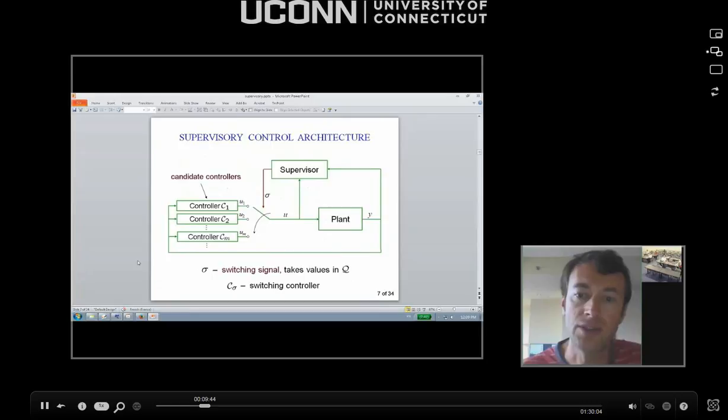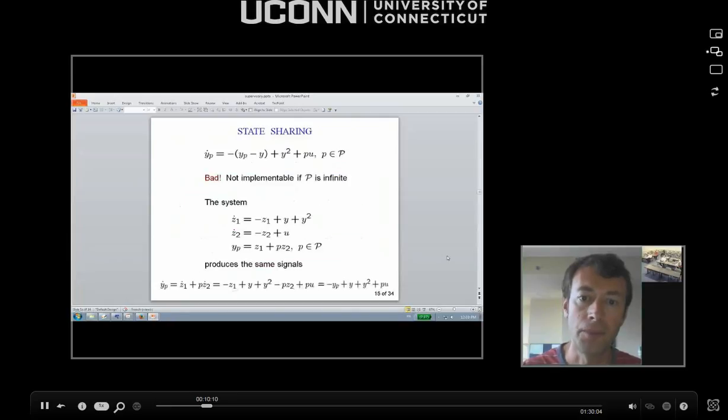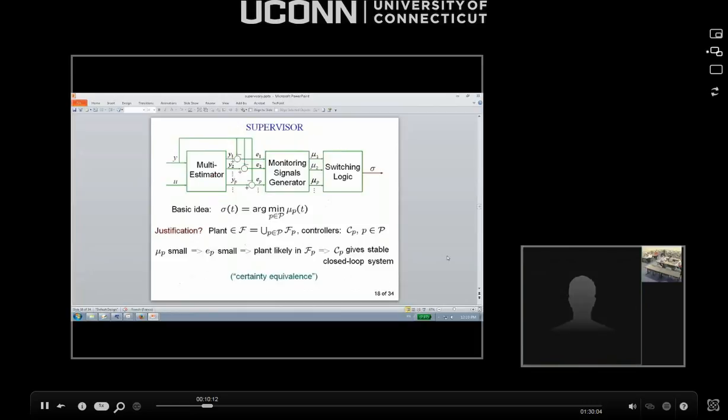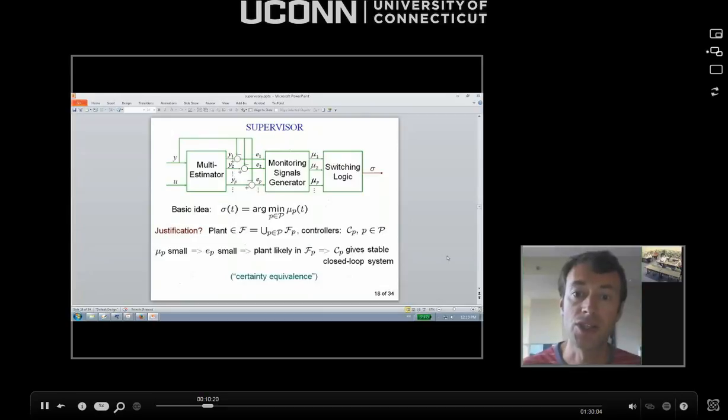The setting was that the plant had large-scale modeling uncertainty, and this is why we have a family of controllers, each tuned to some sub-range of parameters, and then the online estimation type algorithm decides which controller to switch in the loop. We discussed how the supervisor consists of 3 blocks shown here: the multi-estimator, the monitoring signals generator, which is basically just a filter, and a switching logic.